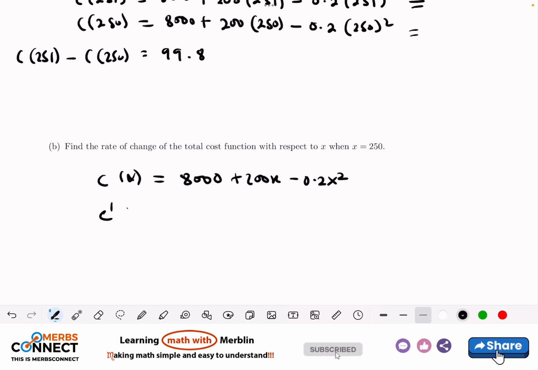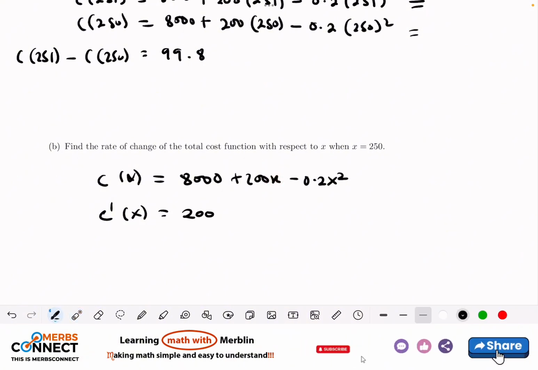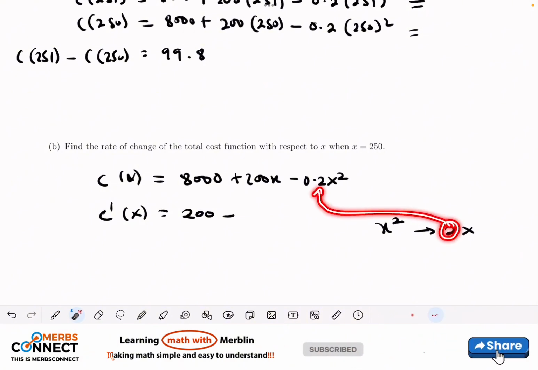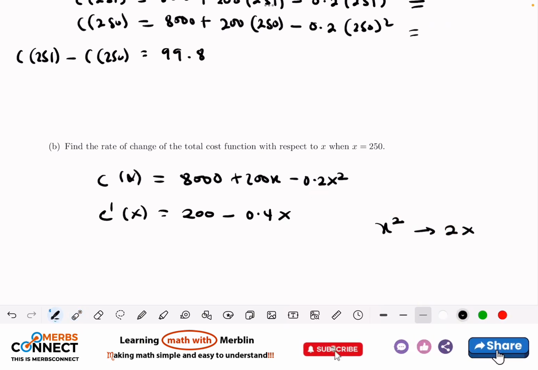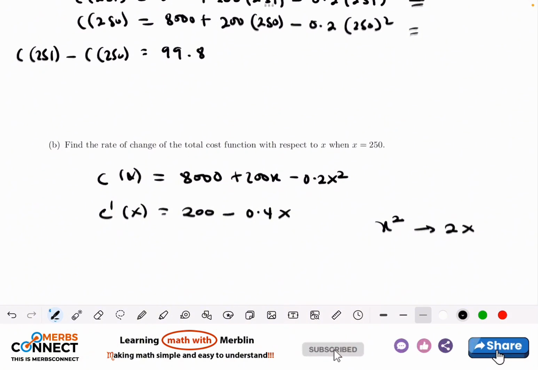So let's do the differentiation. When I differentiate a constant, I'll get 0. When I differentiate x, I get 1. So 1 times 200 will be 200 minus, when I differentiate x squared, I'm going to have 2x, right? So now the 2 here will multiply the negative 0.2. So I'm going to have negative 0.4x. So that's what I'm going to get at the end of the day for the differentiation, right?